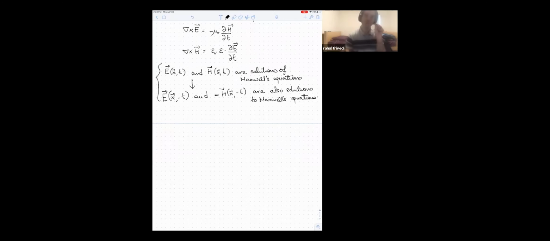Now this is a slightly subtle point, but we have to think about it a bit. When we are typically thinking about these equations, we are thinking about electric and magnetic fields that are real. These are time domain Maxwell's equations, so my electric field is a real vector, my magnetic field is a real vector, so they're physically the fields that I would observe.